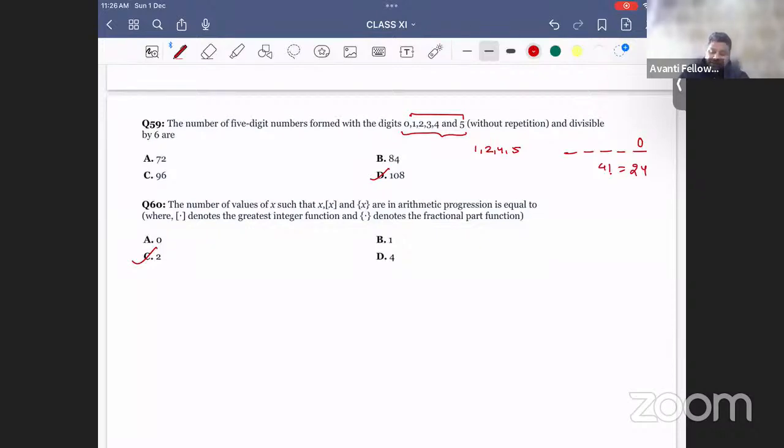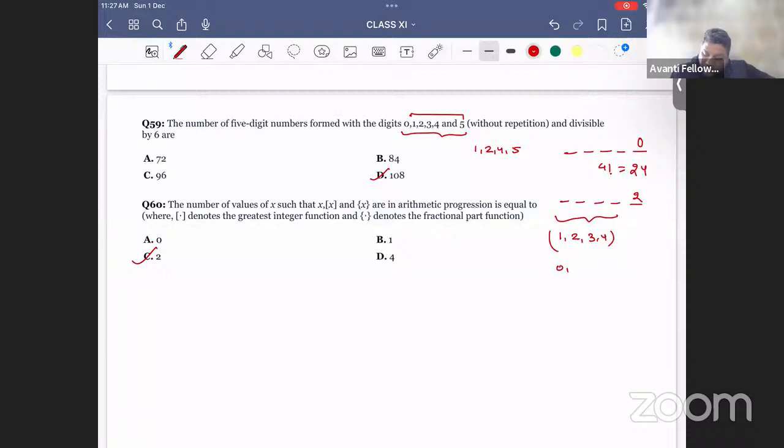Got it? 1, 2, 3, 4, 5. So I rejected 3 and used 1, 2, 4, 5, giving 4 factorial. Now, see, if the last place is 2. At these 4 places, either you include 1, 2, 3, 4, or you include 0.